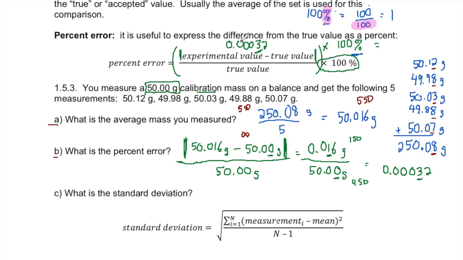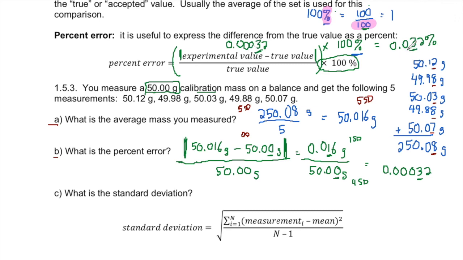So 0.00032 is actually 0.032%, because this percent means to divide by 100. So if you divided this by 100, you would get back your original number.